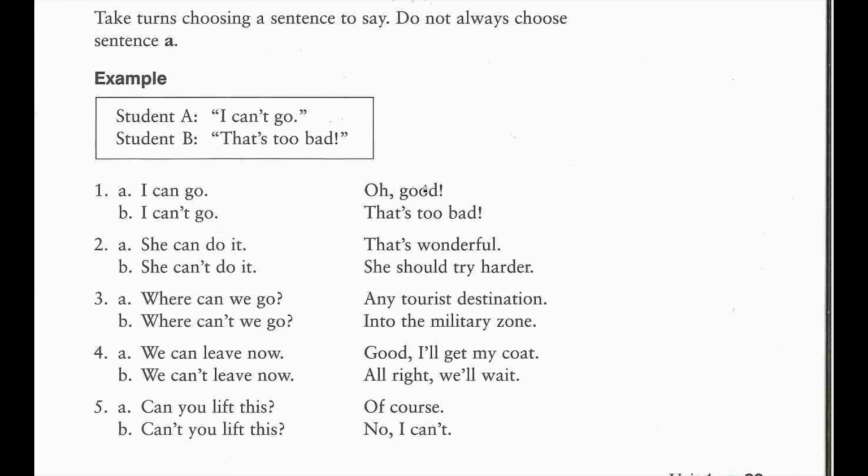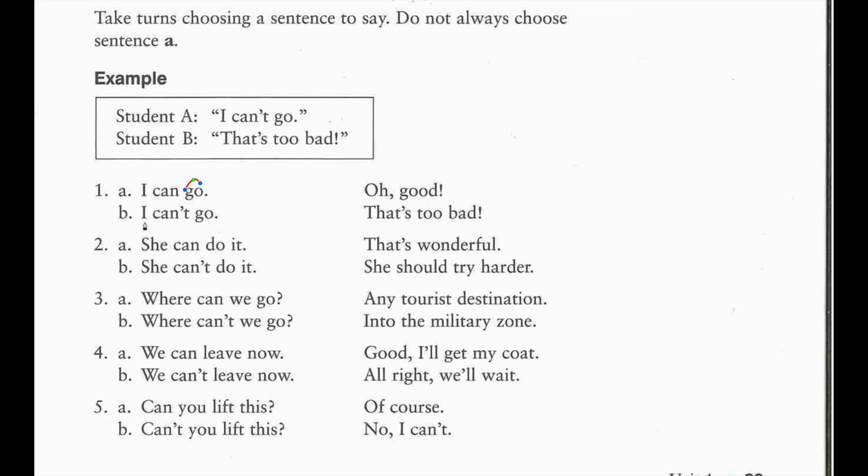Now again, in your listening exercise, the test that you're going to be taking, you have to choose which one is the correct response. Well, let's use number one as my example. So for example, if I say, I can go, you would choose the response, oh, good.